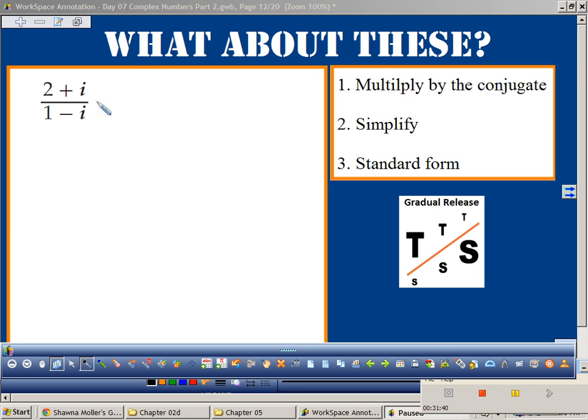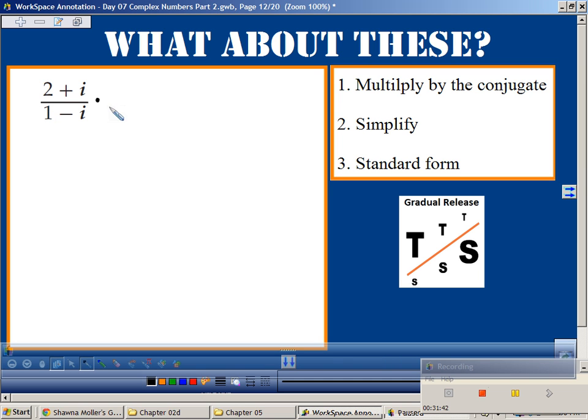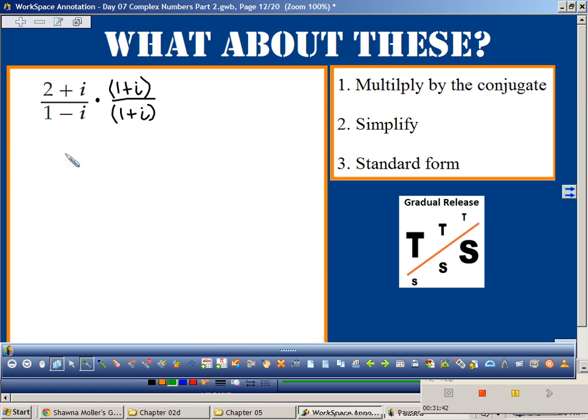I need to multiply by the conjugate, so that's 1 plus i. Remember, let's do the numerator first. 2 plus i times 1 plus i.